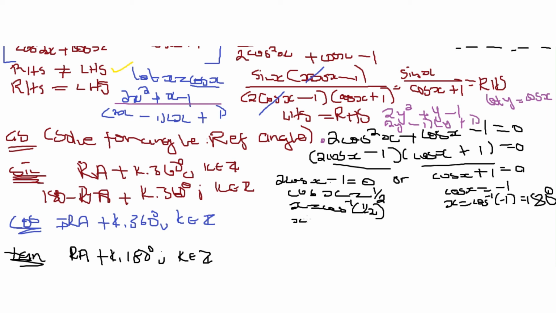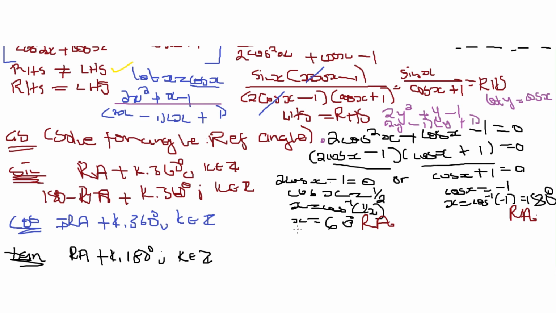Then your x this side, what is it? You can just do it quickly. It becomes 60 degrees. So this is your reference angle, and as well, this is your reference angle.